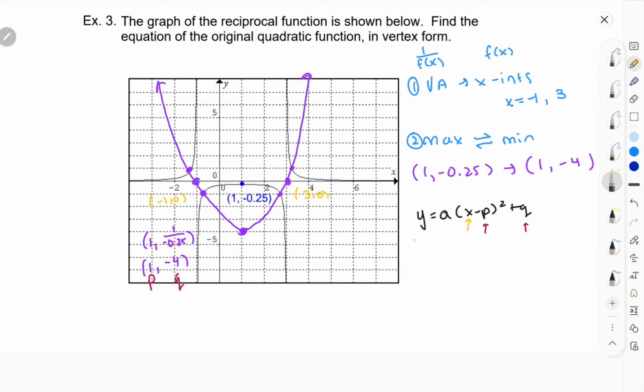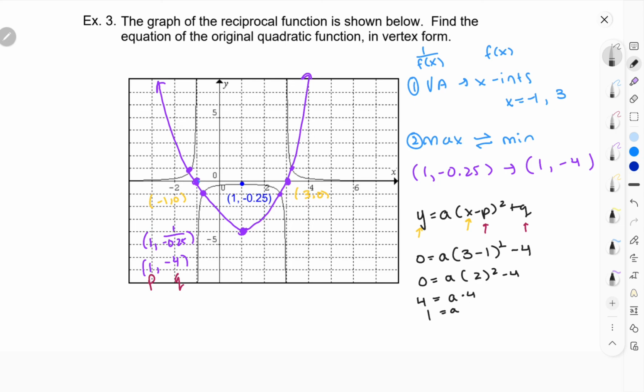So I'm going to put in, let's say 3, 0 for x and y. So I'm going to get something that looks like 0 equals a(3 minus 1) squared minus 4. So 0 equals a(2) squared minus 4. I'm going to add 4 to both sides, a times 4.